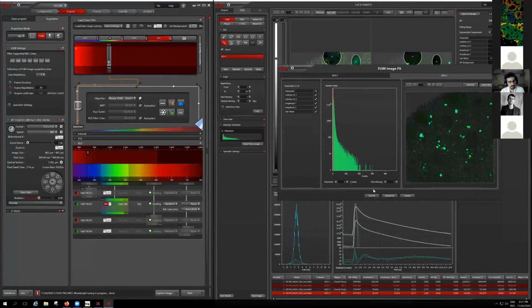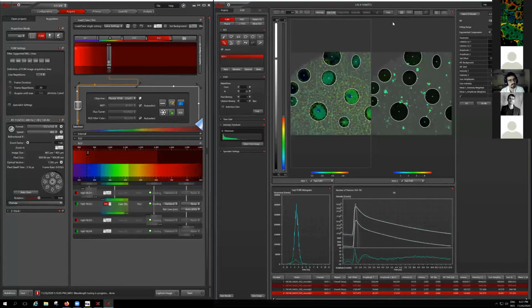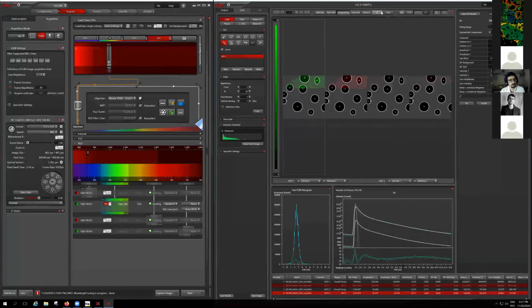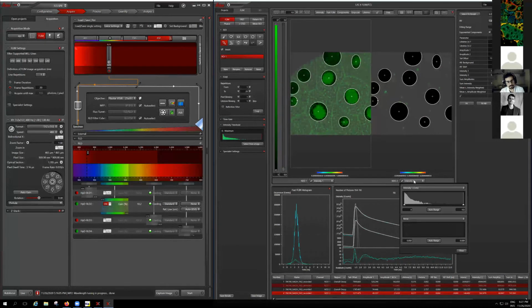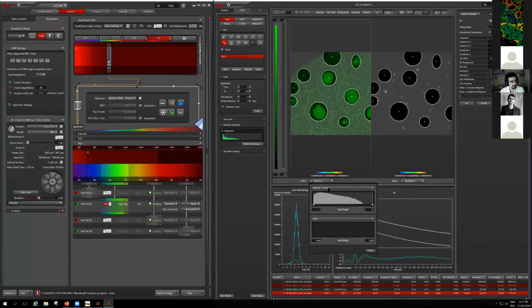I know that this is not the ideal one, but I'm going to fit everything here with the precise fit. And for further analysis, what we did was go to the free and extract the parameters that we need, which was amplitude 1 from each of them. And here amplitude 1 as well.